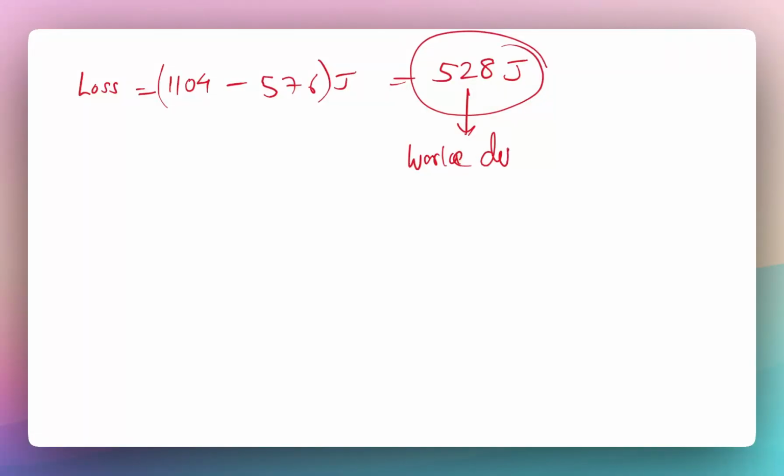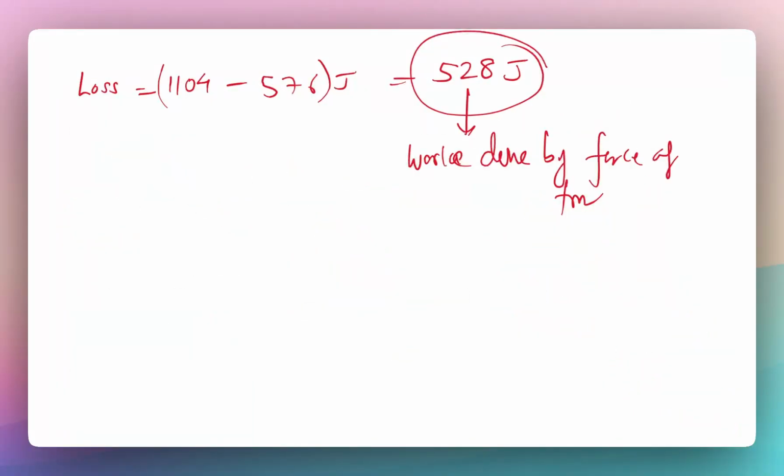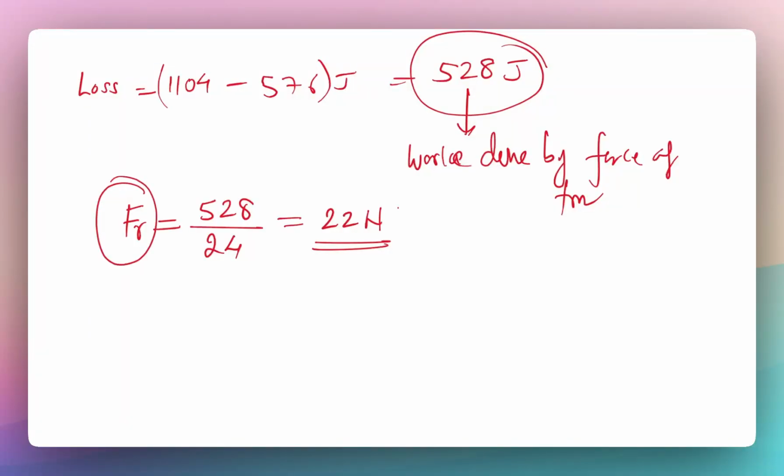Okay, which we have already computed when we started, right? This is going to be FR into 24. We are simply going to substitute there: the force of friction is going to be 528 joules divided by the distance 24. 528 divided by 24 is going to give us 22 newtons. Okay, so that is the magnitude of friction force which we are looking for, right?